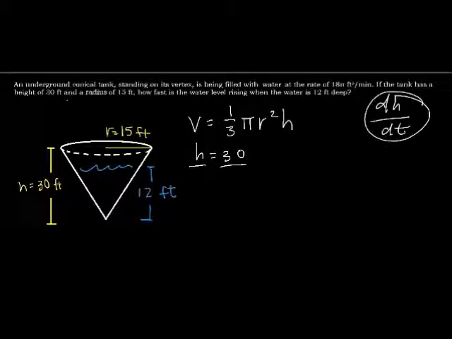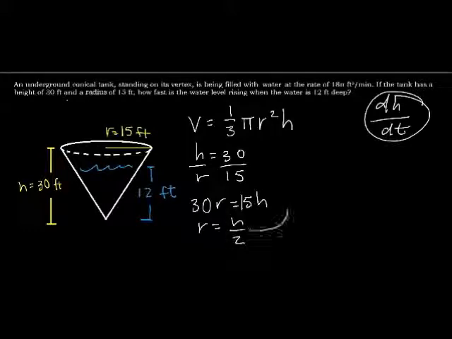To do that, since they tell us that h equals 30 feet and r equals 15, they're proportional to each other. So we can just cross multiply and find that 30r equals 15h, and then solving for r, r equals 15 over 30 h, so 0.5h, which is h over 2.